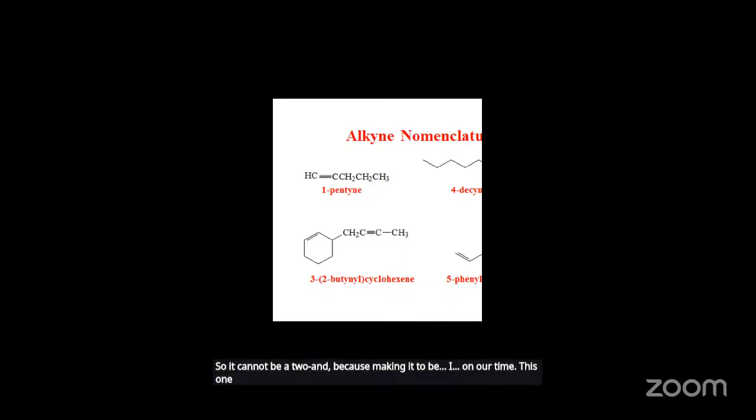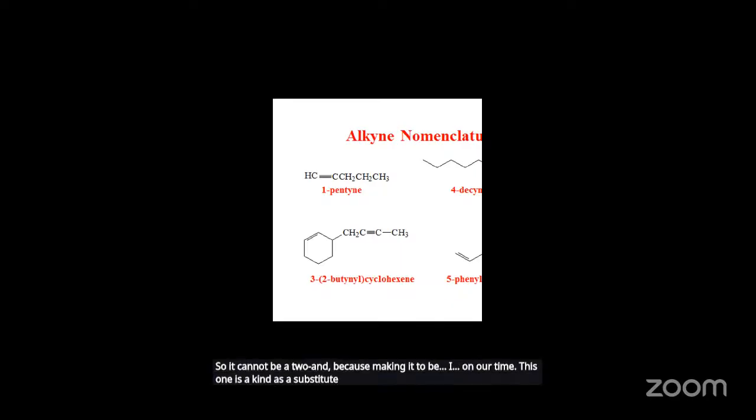Remember, you cannot call it that because it's a substituent. You cannot call alkyl to be alkane. Can you call alkyl to be alkane? No, ma. So it cannot be butyne, because that makes it an alkyne. This one is an alkyne as a substituent.